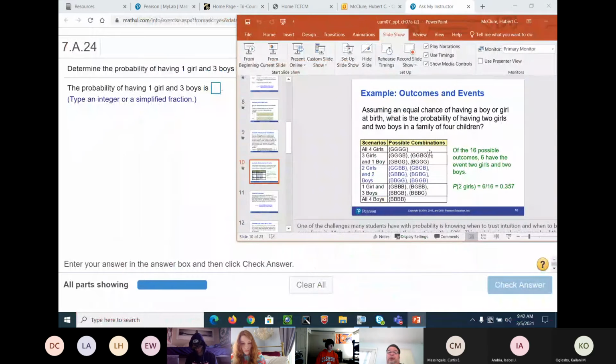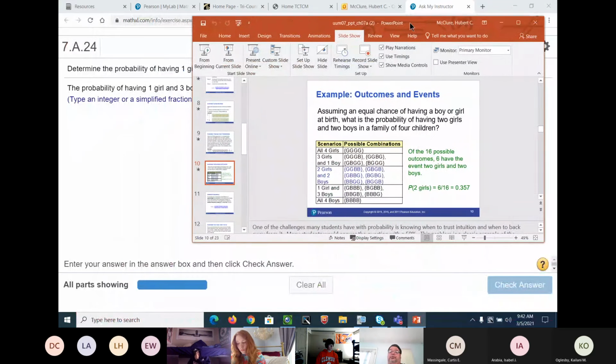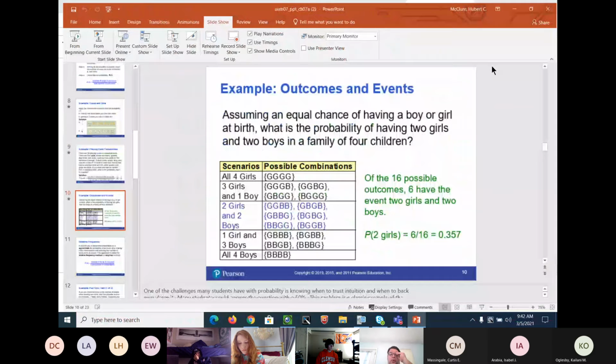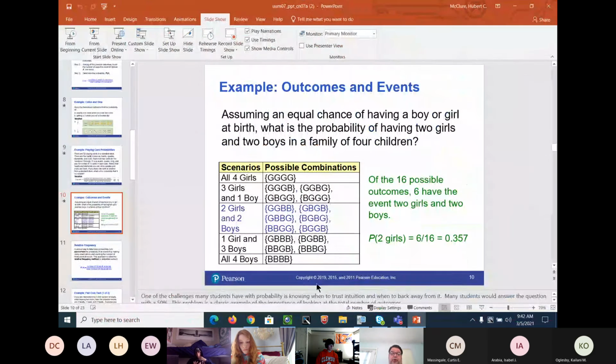All right, so let's look here. 1 girl and 3 boys. There it is. 1 girl and 3 boys. How many? 4. That's 16, yeah, there it is, 16. So it'd be 4 out of 16, which is 1/4, which is what?